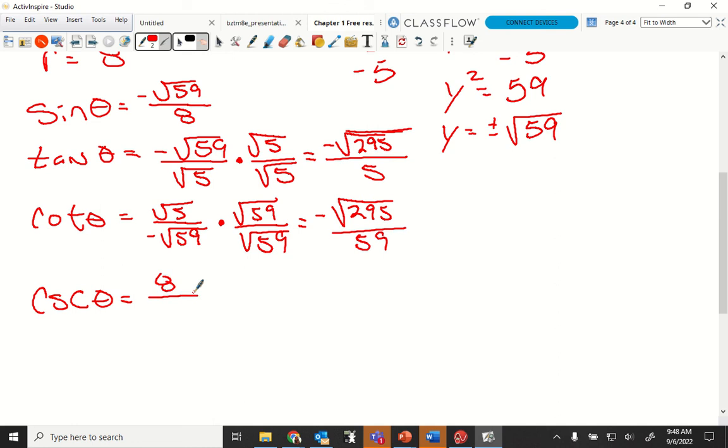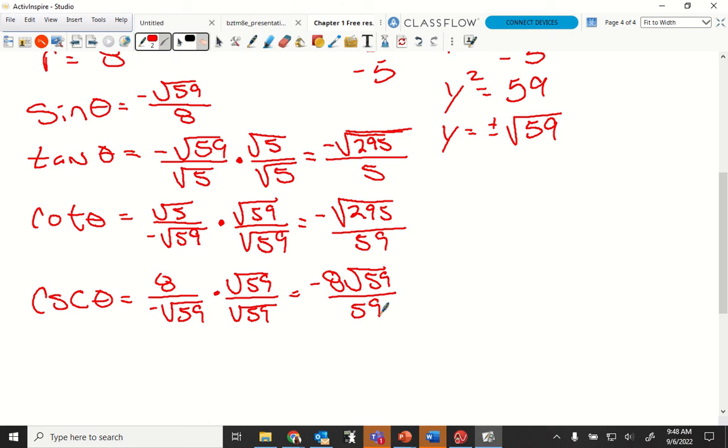My y value was negative square root 59. All right, let's rationalize. It's going to be 8 rad 59, with the negative out front. Negative 8 rad 59 over 59. There we go.